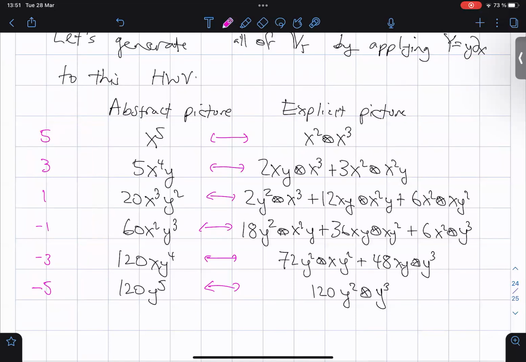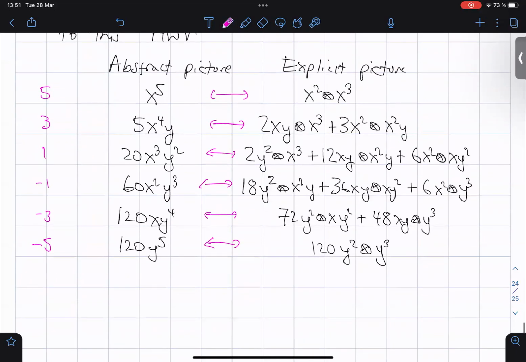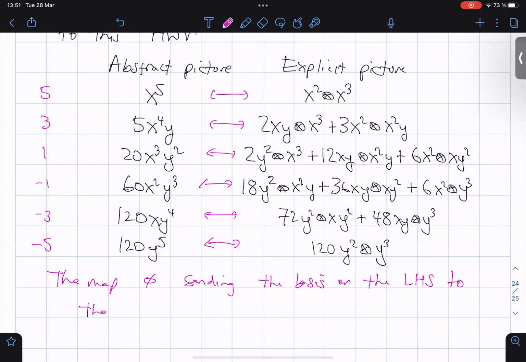So this map that I put in pink here, the map phi, sending the basis on the left-hand side to that on the right-hand side, that's an intertwiner.